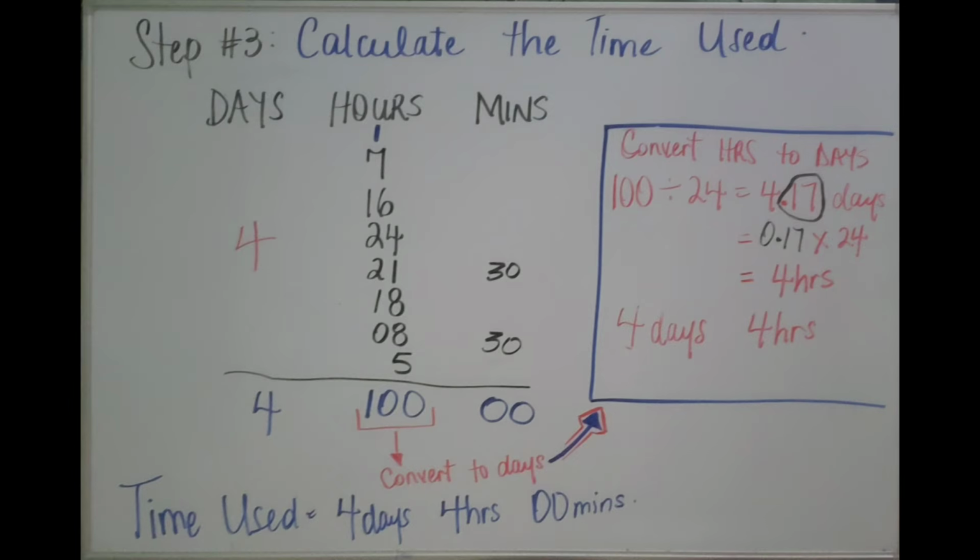After dividing 100 by 24, we got 4.17, and we cannot have 0.17 days, so the 4 represents the days and the 0.17 represents the hours, but we cannot have 0.17 hours, so we have to multiply the 0.17 by 24 to get the remaining amount of hours.